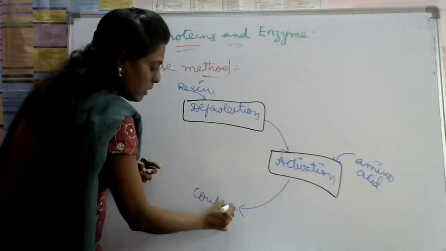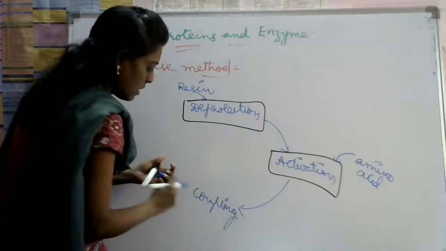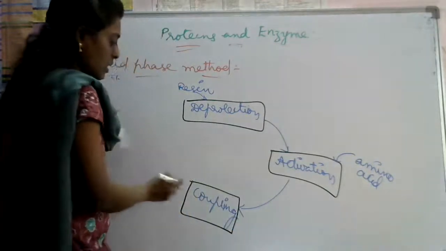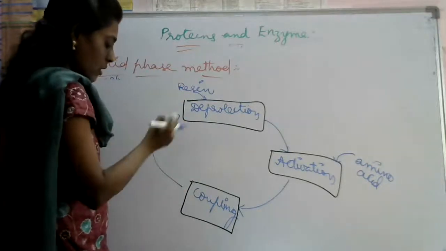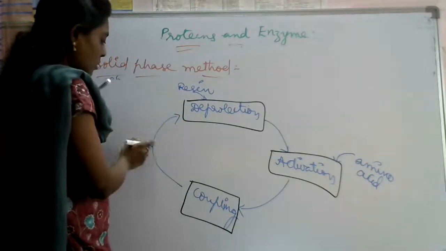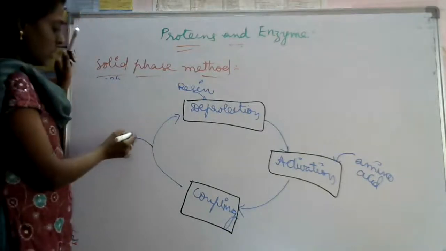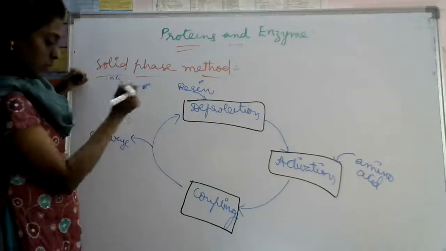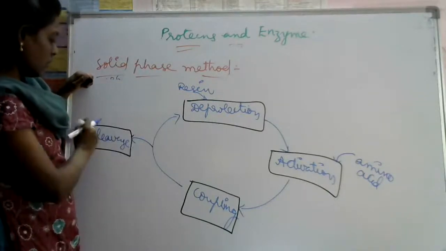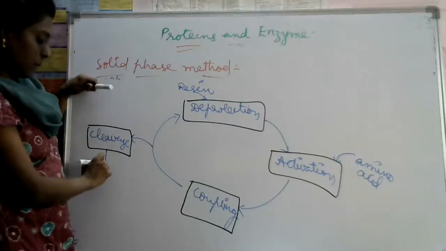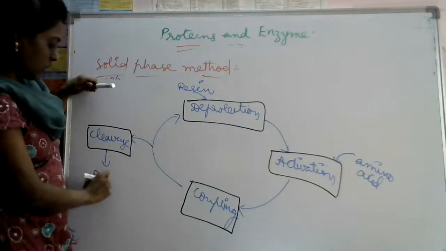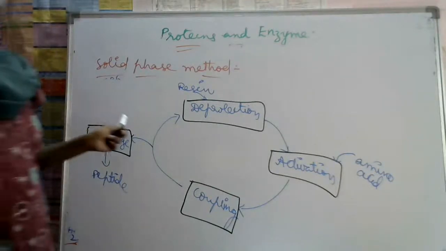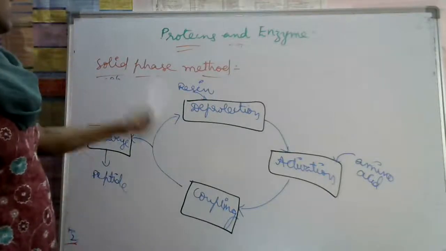Coupling. Next, again we go for cleavage, thereby we'll get the peptide. So this is the cycle form of this.